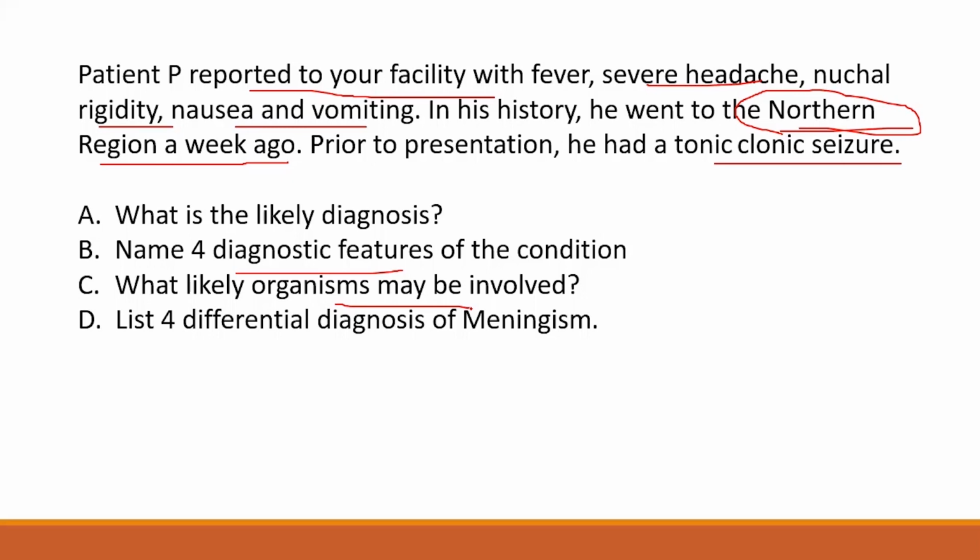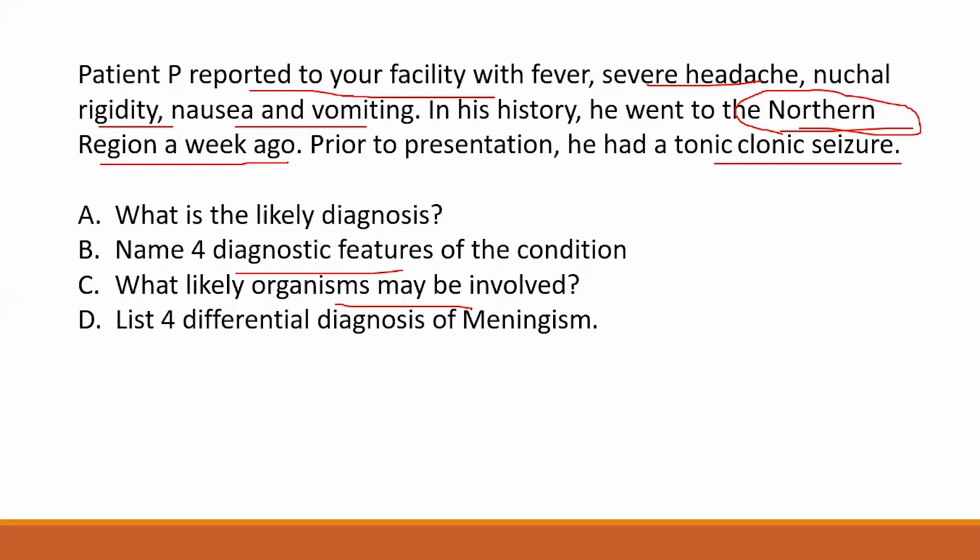You can be looking at a brain abscess. You can be looking at brain neoplasms. You can be looking at delirium tremens. You can be looking at subarachnoid hemorrhage. You can be looking at encephalitis. And then febrile seizures.